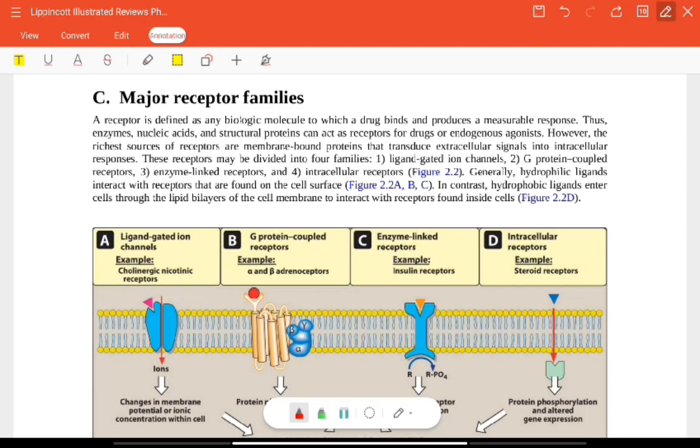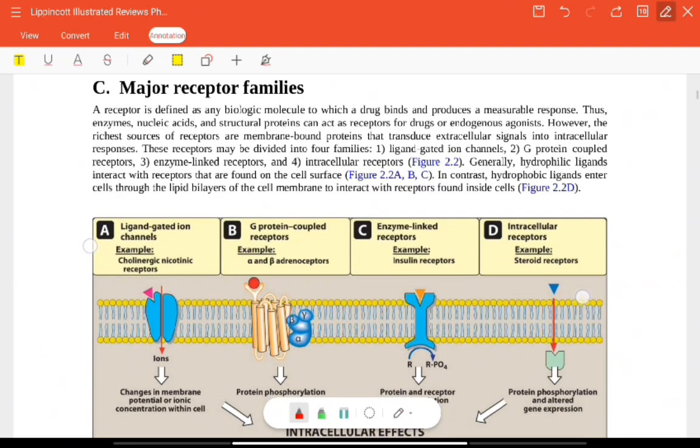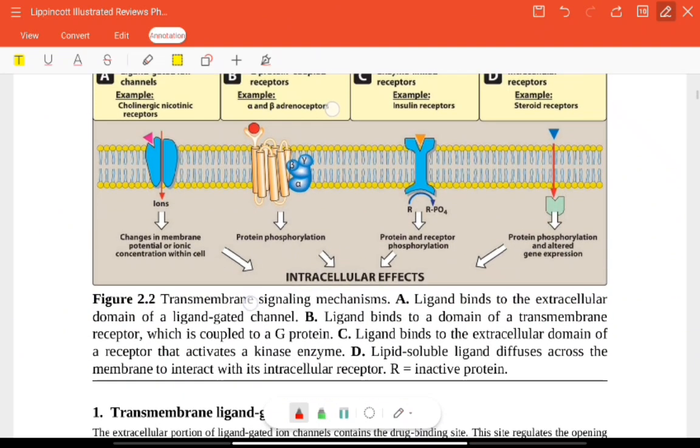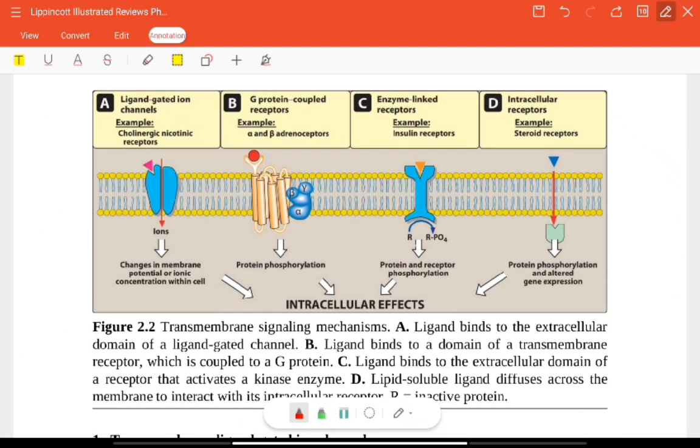Now, major receptor families. This is an important topic. The receptors are divided into four: ligand gated ion channels, G protein coupled receptors, enzyme linked receptors, and intracellular receptors. Now we will have a look here. Ligand gated ion channels cause changes in the membrane potential and ionic concentration within the cell. Examples are cholinergic nicotinic receptors.